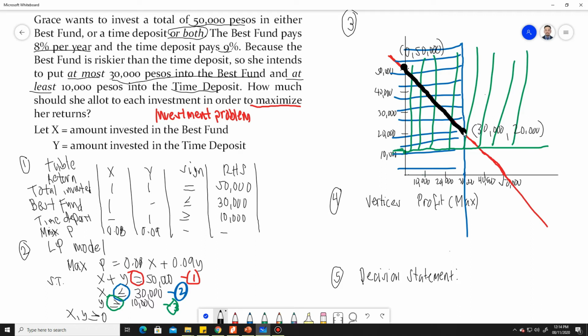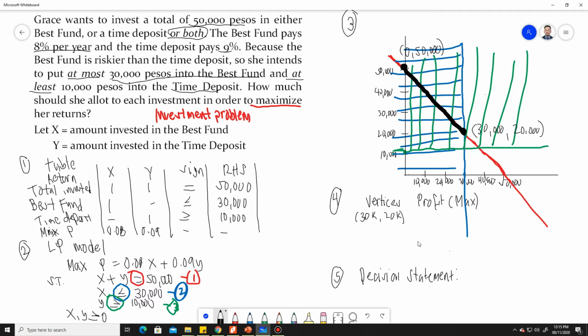Or you can solve simultaneously the two lines para makuha itong 30,000 and 20,000. So therefore, we have two vertices. Lagyan na lang natin 30K and 20K.